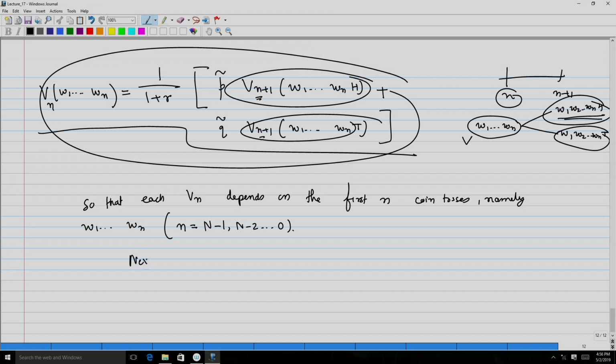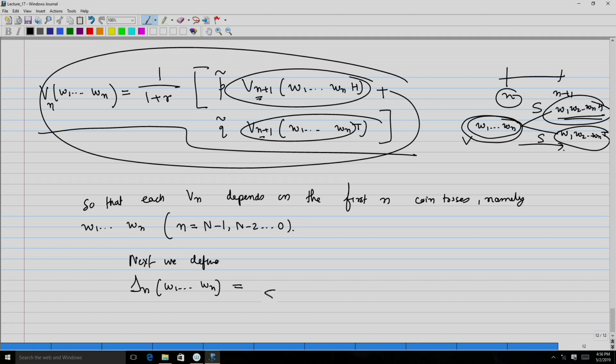So, next we define delta n of omega 1 to omega n. Delta n is the strategy that you actually adopt here and which you hold on to until this final time point. Remember what this is: it is going to be the difference of the price of the asset, this minus this.